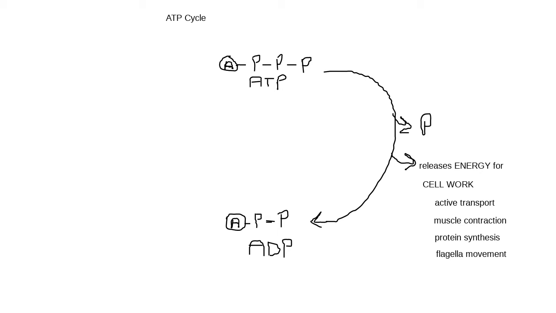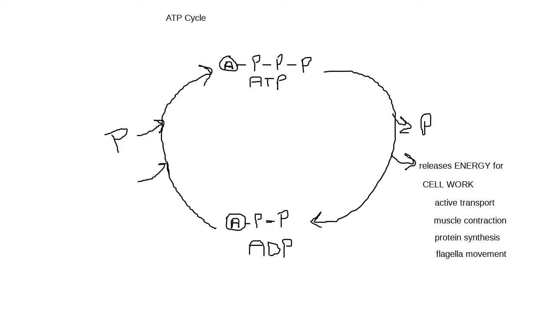To put the phosphate back on to ATP, there's a much shorter list of things that allow that phosphate to come back. And instead of this being energy releasing, this is energy consuming, right?